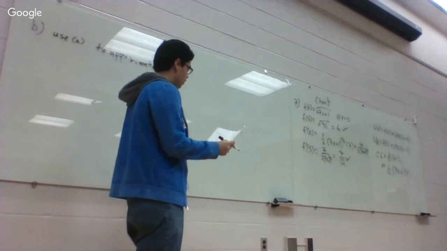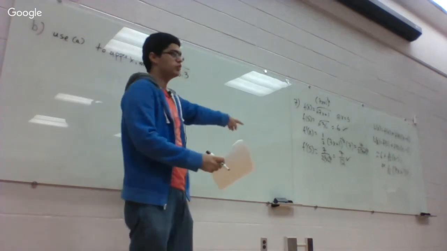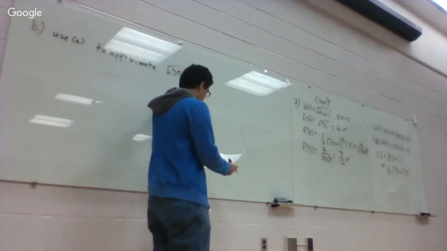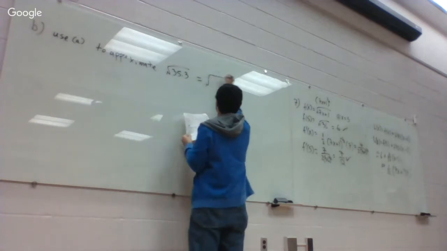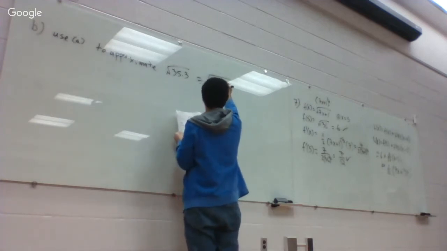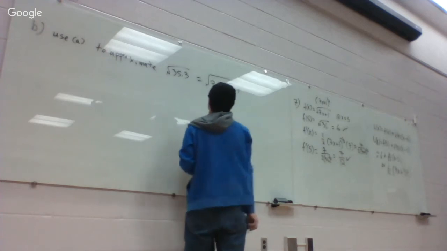But since we found an equation that relates to this, we can just use the linear equation. The square root of 35.3 is the same thing as the square root of 7 times 4.9 plus 1.